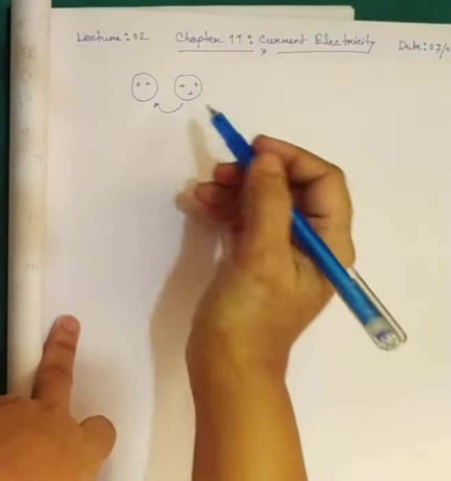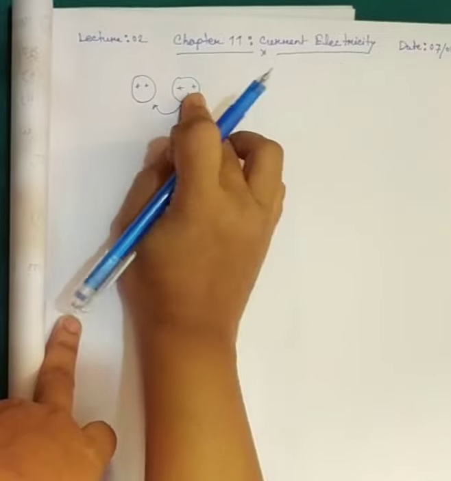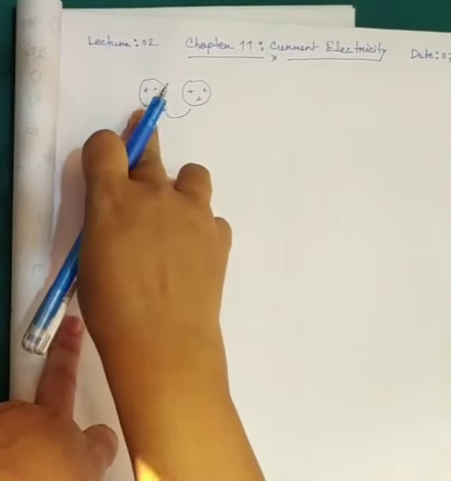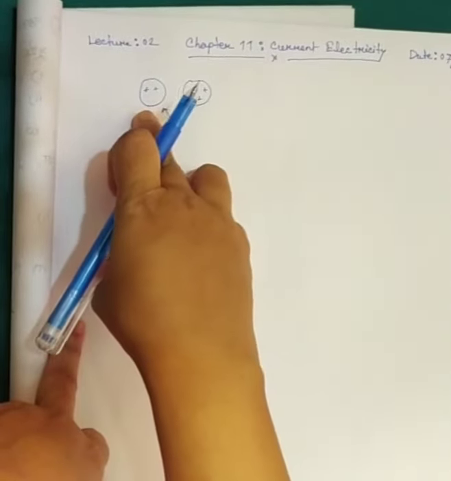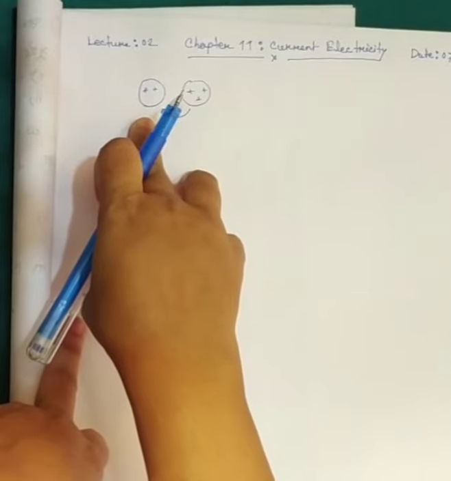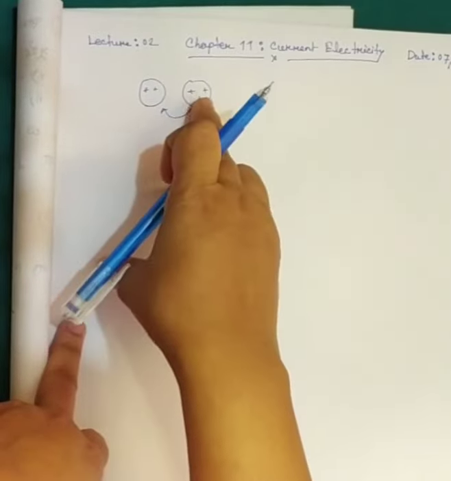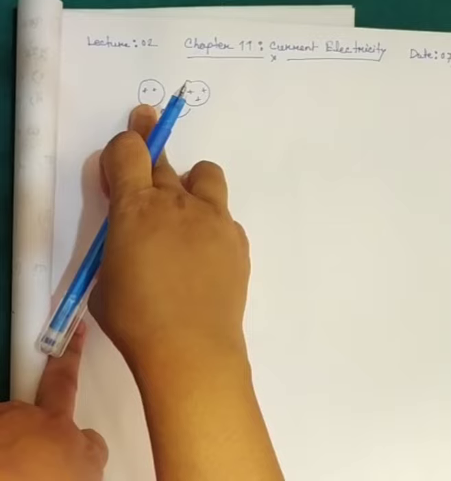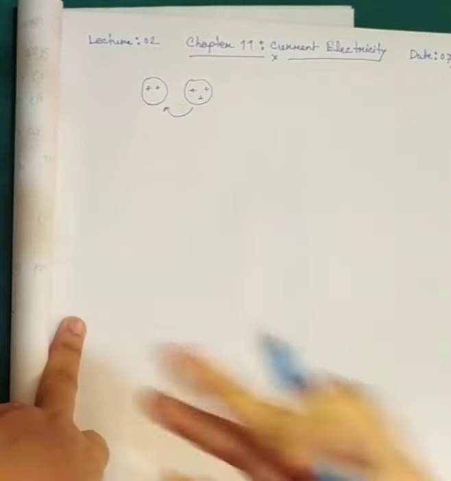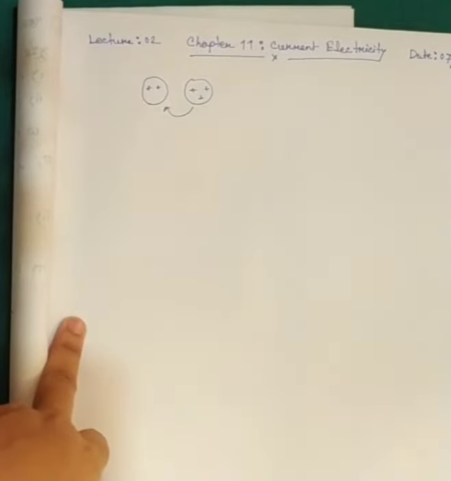If we remove the charged particle, the charges that the neutral object received can't move freely, and they just remain static. That's why this kind of electricity is called static electricity.